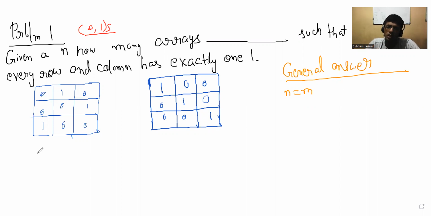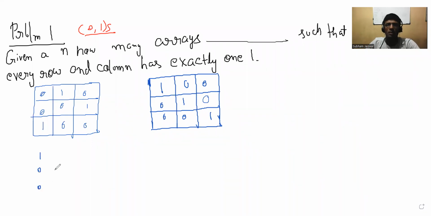Can you say if there is any logic? No, but for the second column, there are two choices, right?